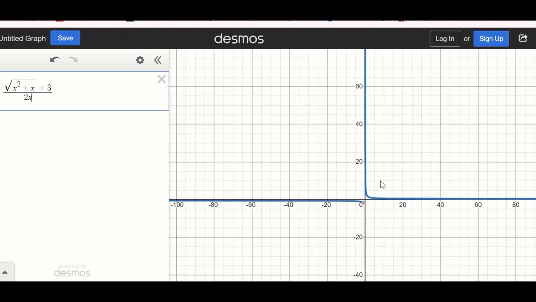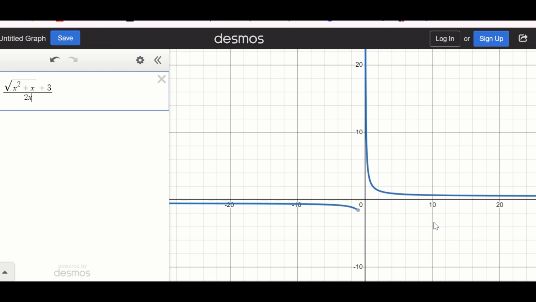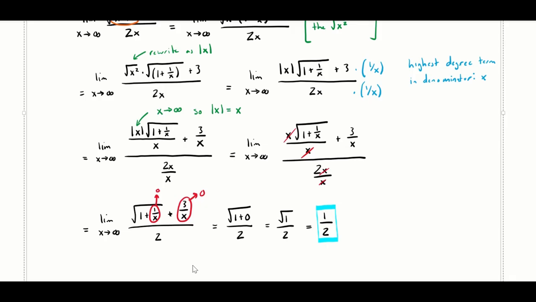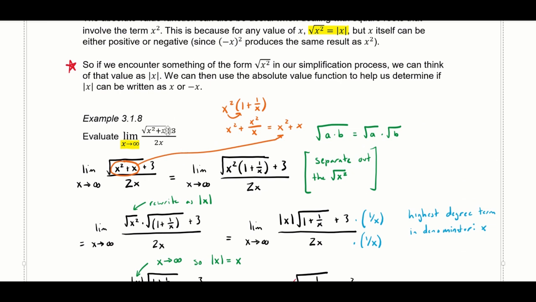So this is a funky looking expression, but it looks like this. Now, what did we say in our limit calculation here? We said as x goes to infinity, the limit of this thing should be 1/2.